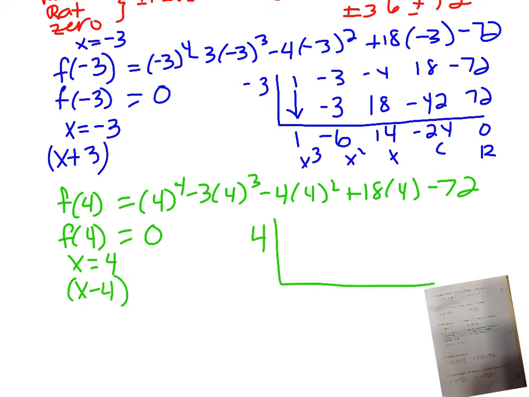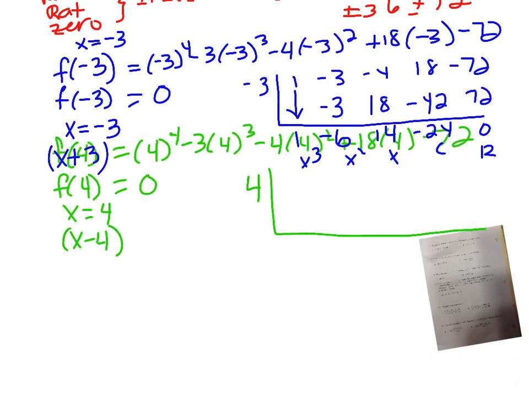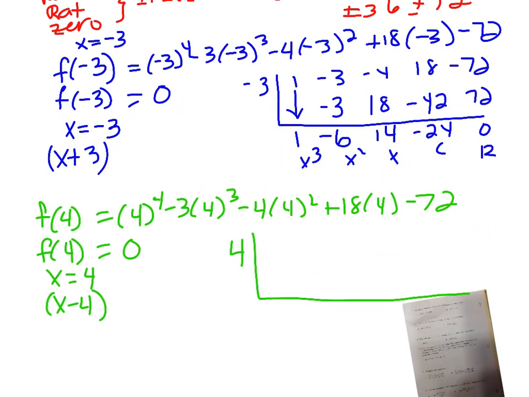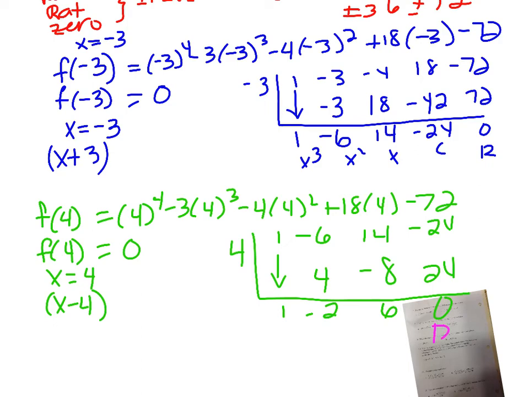All right, so now I'm going to use synthetic division to break down my polynomial. All right, so I have to use 1, negative 6, 14, and negative 24. All right, so I have 1, 4, negative 2, negative 8, 6, 24. My remainder is 0. So this is my remainder, constant, x squared.